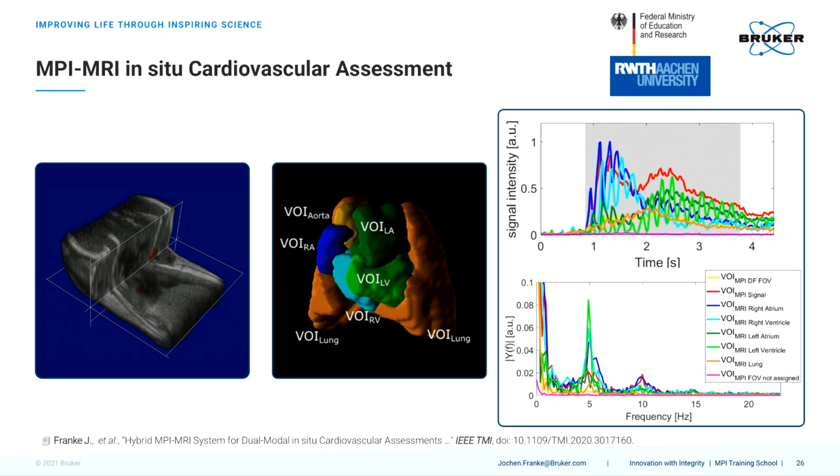In the background you see the MR image, and based on the MR image I have segmented the different heart chambers and the lungs, and I used these different volumes of interest to analyze the MPI signal. And now you can appreciate the signal intensities over time for the right heart and the left heart in green here.